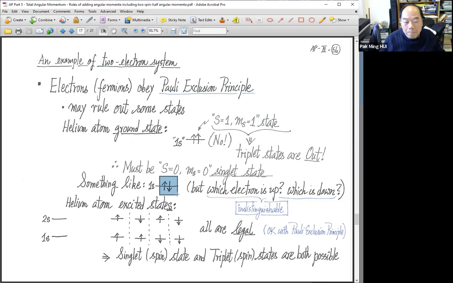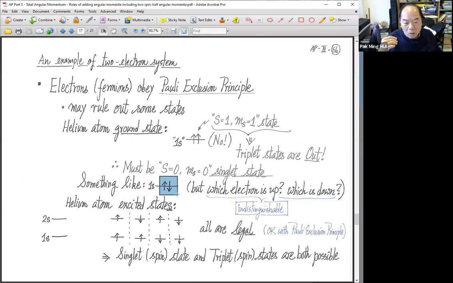That is the proper description of the spin of the 2 electrons in the ground state of a helium atom. Now, that is new knowledge that we point out today, only after you know how to add 2 angular momenta.